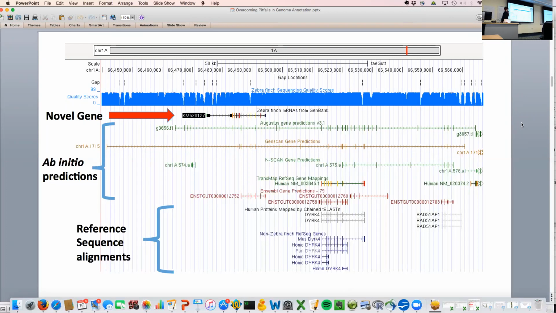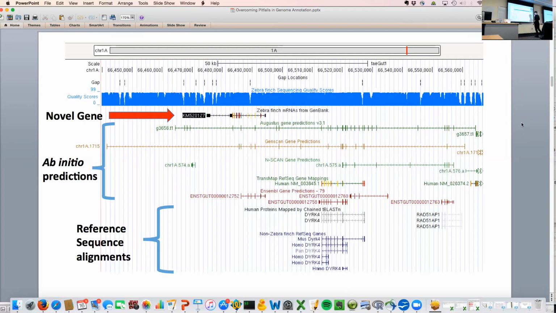Cool. And so this is an example of an actual gene. This is an expressed sequence transcript, and this is in the zebra finch genome. These are several predictions before we had this expressed transcript of where the gene was.